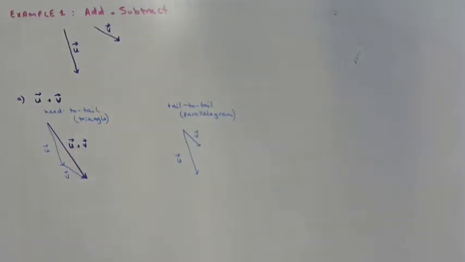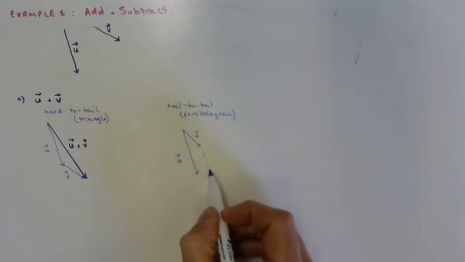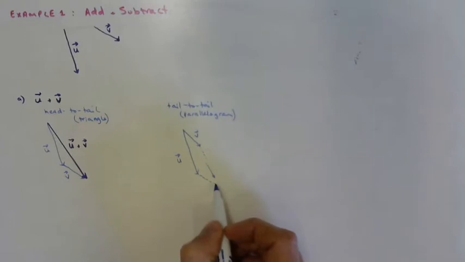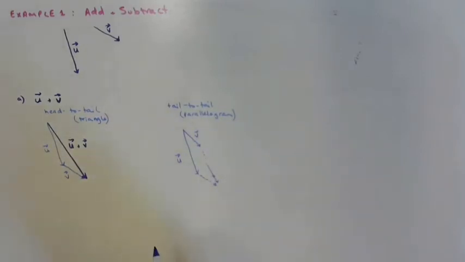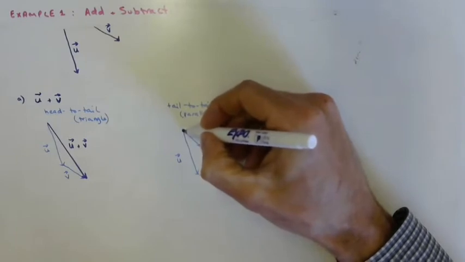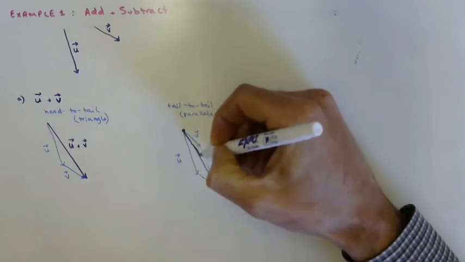And what I need to do to complete my diagram then is to construct a parallelogram using vectors that are equivalent to vector u over here and to vector v over here. Now, the diagonal that begins at the tails of u and v and heads to the far corner of the parallelogram that we constructed.